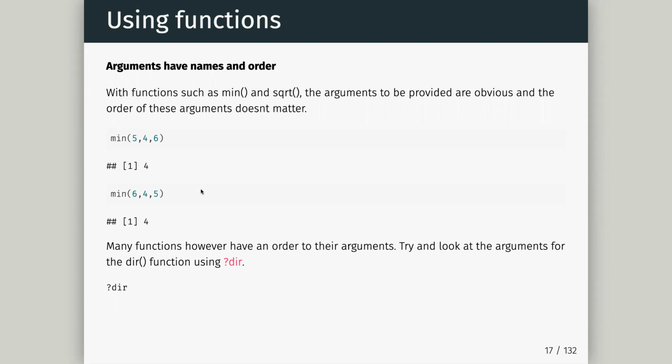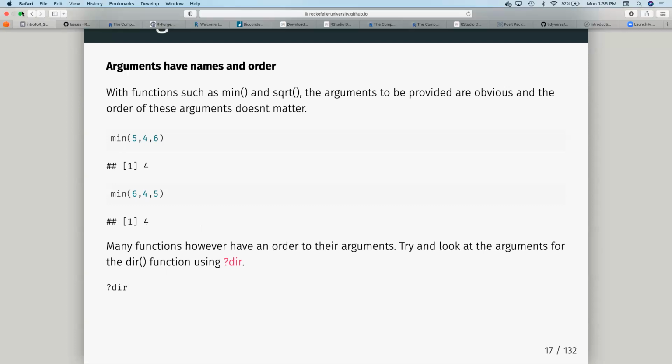Functions do, though, potentially have an order to their arguments. So it can actually matter which one of these goes first. Just to give you an example, this is a function we'll use quite a lot in this class, and that is dir. Let's try and look at the arguments for this dir function.